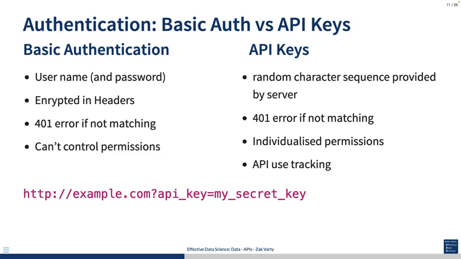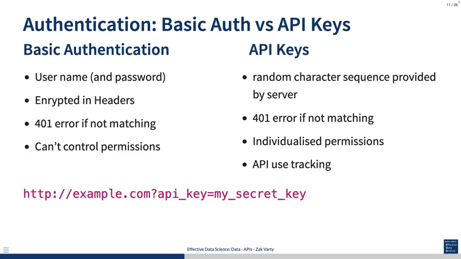So, for example, a provider might issue a unique API key to each developer or organization that wants to use its API, and the provider can then limit access to certain data. So they could limit the number of requests that each key can make in a given time period, or prevent access to certain administrative functions, like changing passwords or deleting accounts.